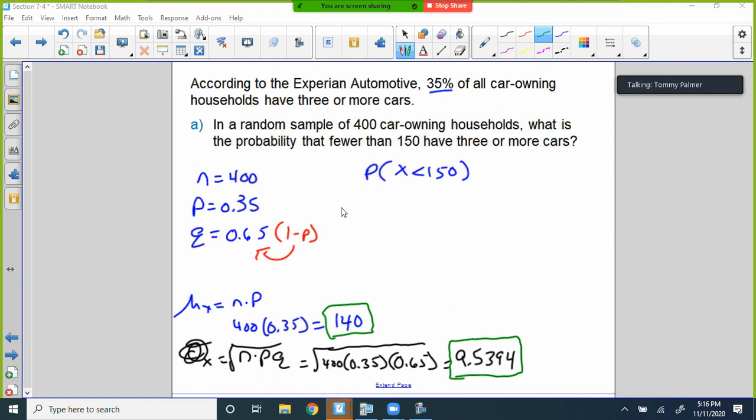Now, to find the Z, Z is less than, so let's see.